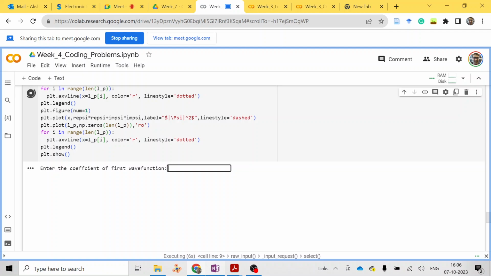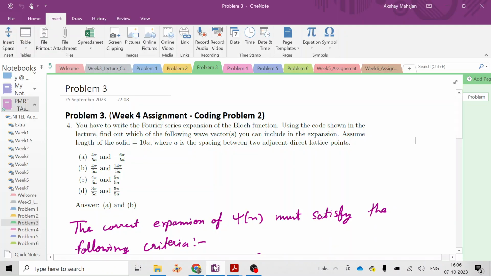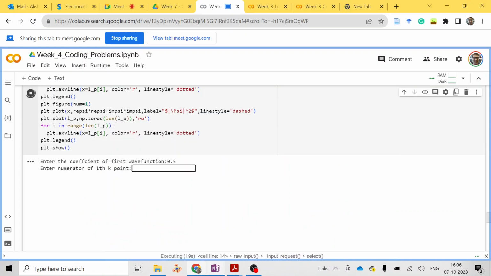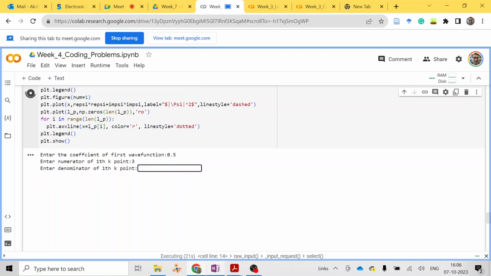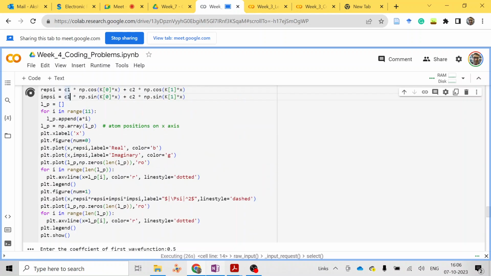Now let's take the last option. Just put 0.5. The D option is 3 pi upon 5a and 5 pi upon 5a. So let's go to 3 and 5, 5 and 5.